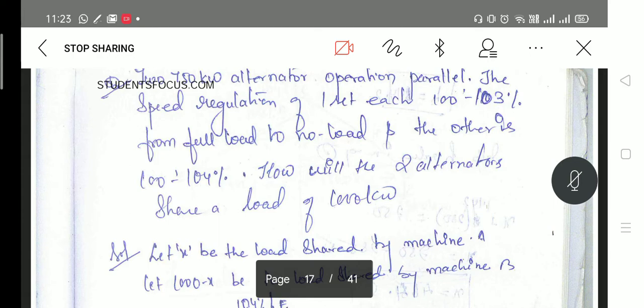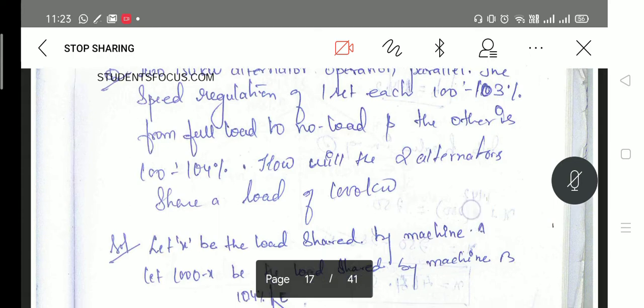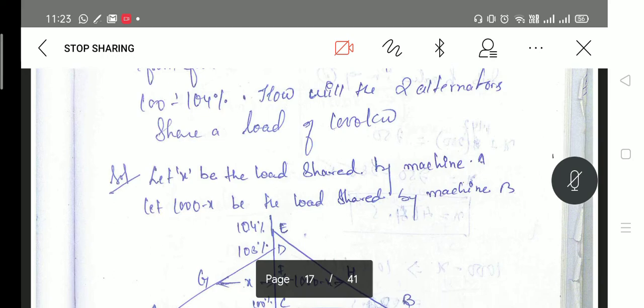Okay, same way you have to take, that is X is the load shared by machine A and 1000 minus X is the load shared by machine B. Same way I am taking, only the changes will be the frequency.